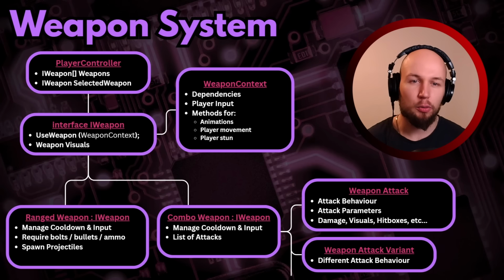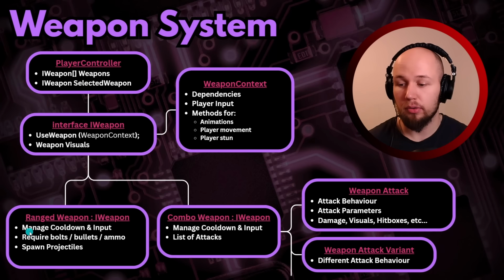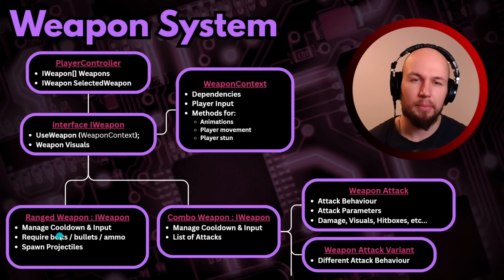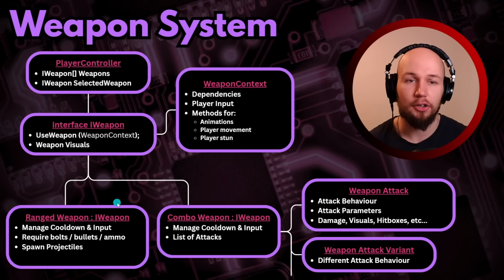Some may need you to charge the attack by holding the mouse, and some may attack continuously as long as you are pressing and holding the mouse. So I can define the kind of input behavior for each weapon separately. Additionally, I could also add other requirements for, as I said, ammunition like bolts or bullets, or some energy requirement, or whatever you may have for different weapons.